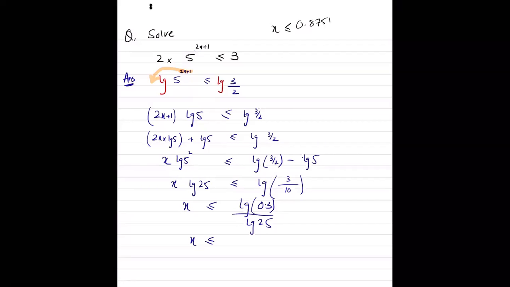Minus 0.374. LG 0.3 divided by LG 25. Yeah. Okay, let me check.